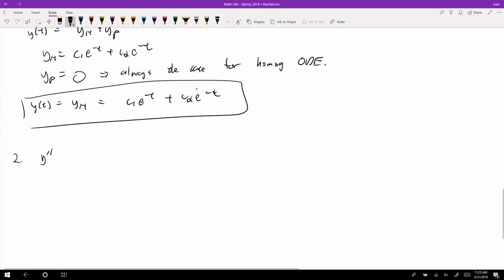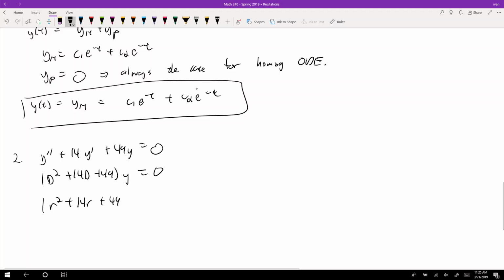y'' plus 14y' plus 49y is equal to 0. So now this is D squared plus 14D plus 49 applied to y is equal to 0, and then we rewrite it in terms of r: r squared plus 14r plus 49 times e^(rt) is equal to 0.